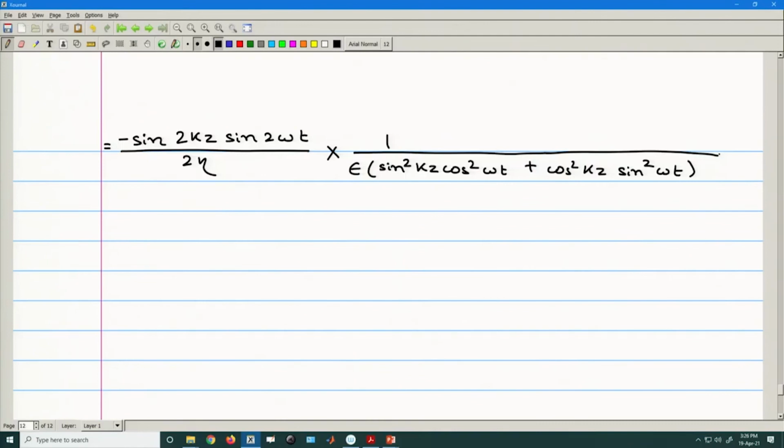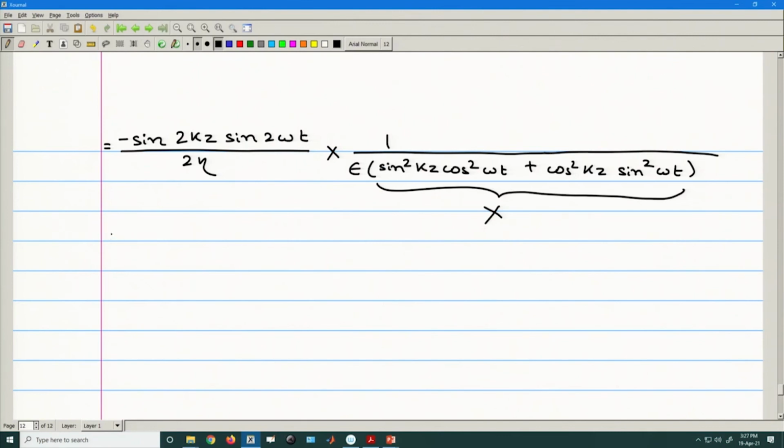Now in order to further simplify, let this be considered as A. Fine. So we will write, or suppose we denote it as x.